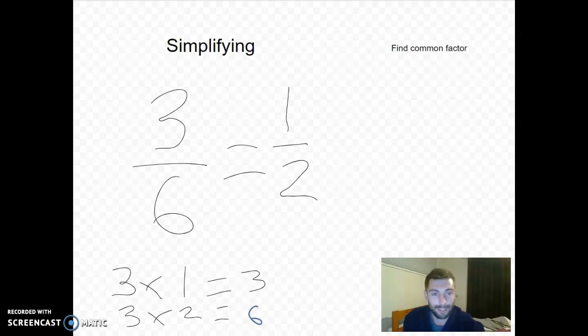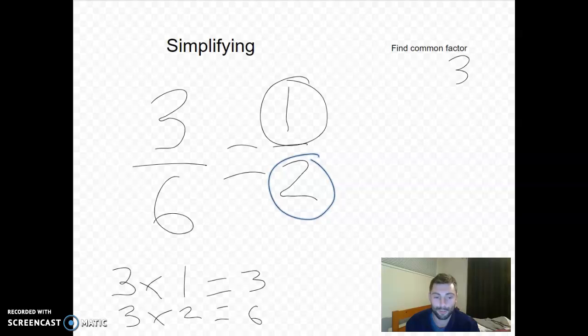So our common factor for that one is 3. Now if we divide 3 by 3, we get the 1. And if we divide 6 by 3, we get the 2. That's where we get 1 over 2, or 1/2 from.